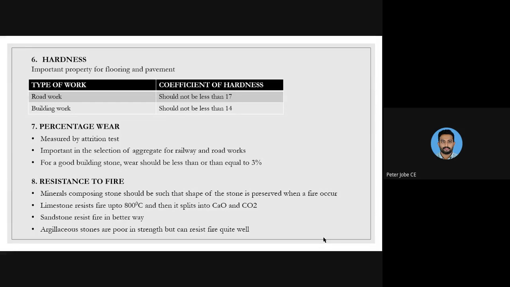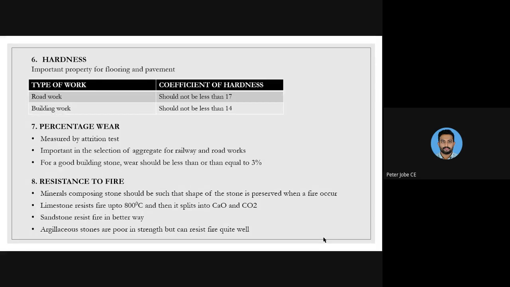We place the stone, for which we need to measure the percentage wear, along with some steel balls in a drum. It is subjected to rotation at a particular speed, and after some time we take it out and measure the dust produced as a result of this attrition test. That dust should not be more than 3% of the total weight of the stone that we initially measured. So this is the percentage wear.